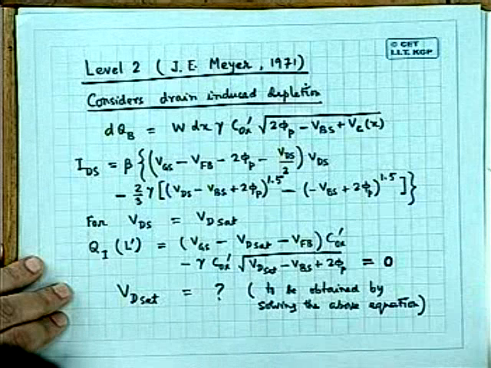Level 2, as I already mentioned, assumes the drain-induced depletion. Because of the drain voltage, because of the current flow, there will be a surface potential due to the lateral potential drop, and that will enhance the depletion layer, which is otherwise saturated to a value corresponding to the surface potential equal to approximately twice phi p.